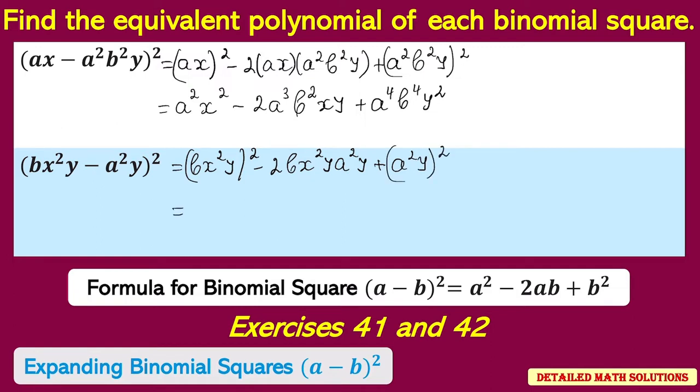And when I simplify further, I get b squared x to the fourth power y squared minus 2 times a squared b x squared y squared plus a to the fourth power y squared.